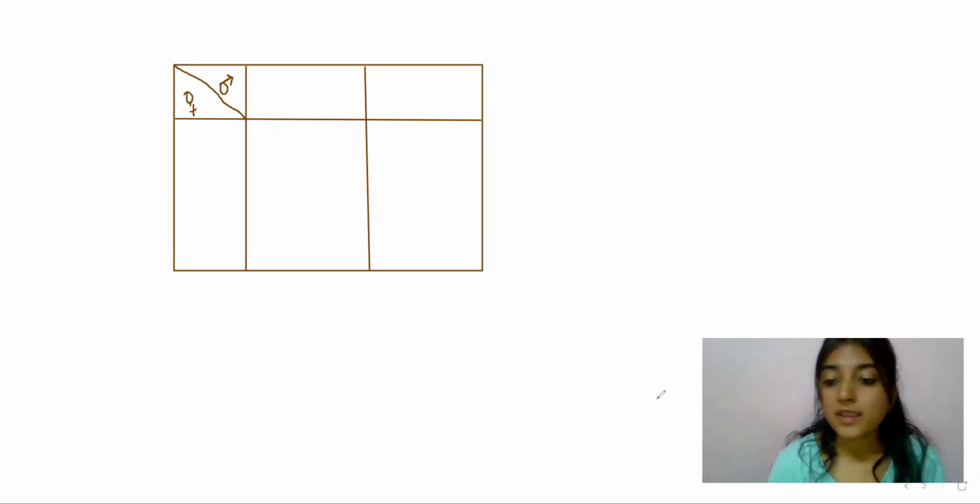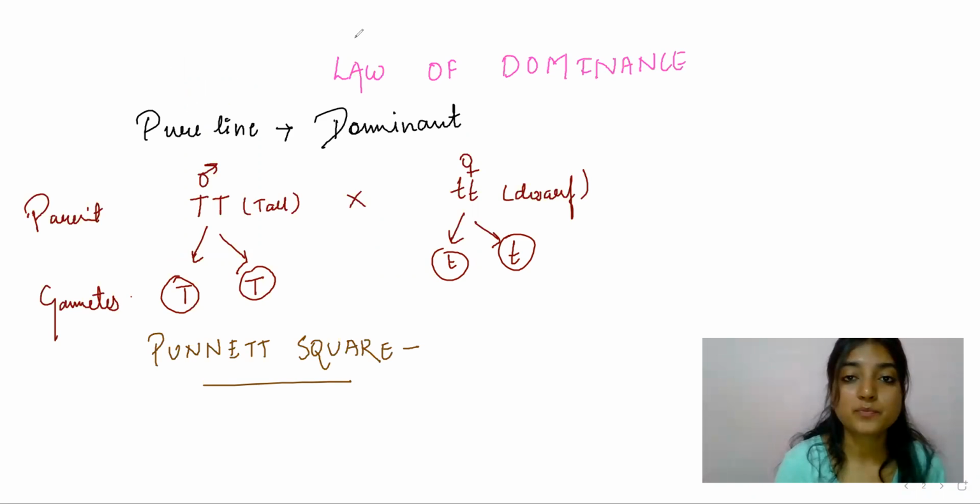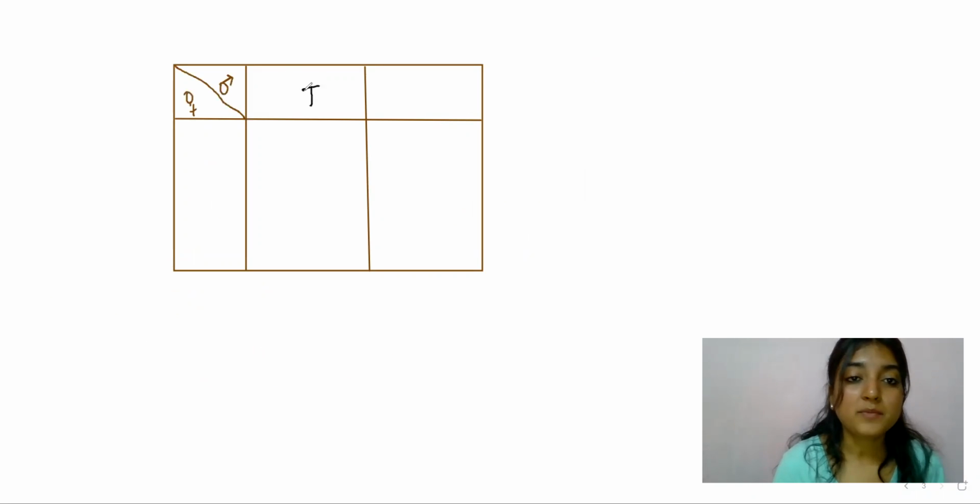Now write the gametes here: capital T, and here the small t and the small t.